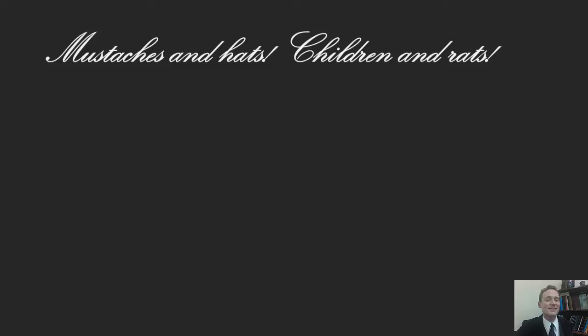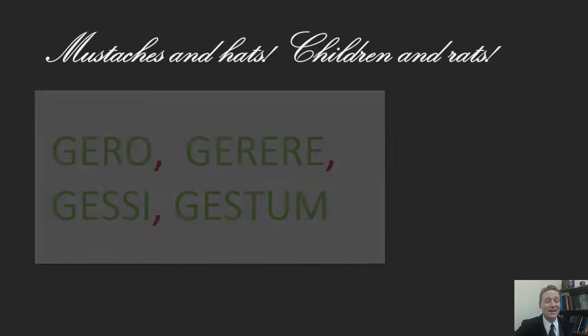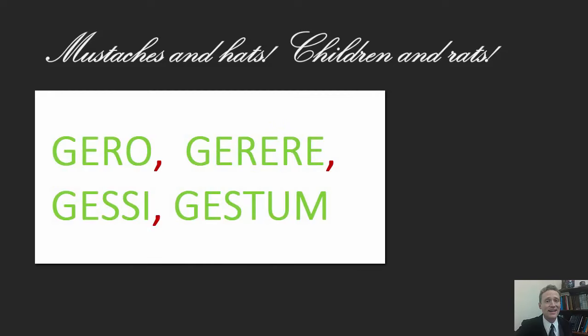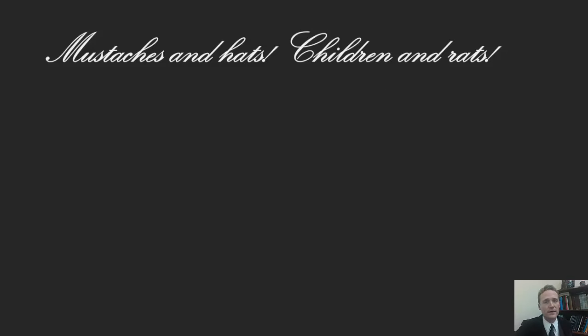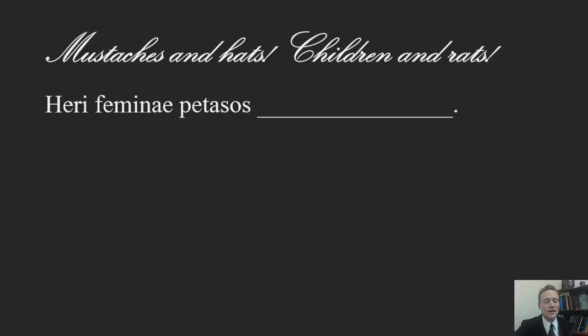Let's do some practice sententiae, some practice sentences. For the first 2 sentences, we will use the verb gero, gerere, gessi, gestum, which can mean, among other things, to wear. So first we'll talk about women wearing hats. Yesterday, the women were wearing hats.